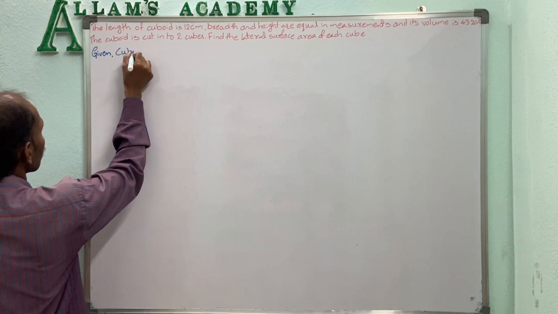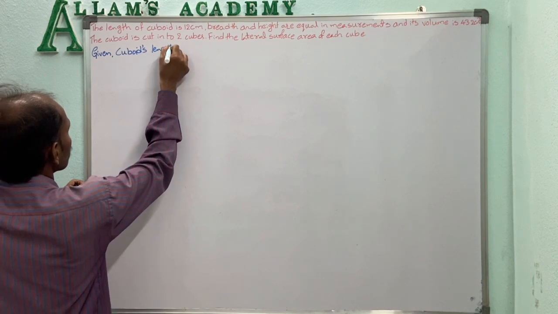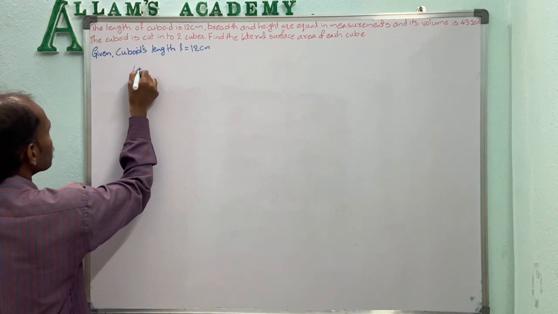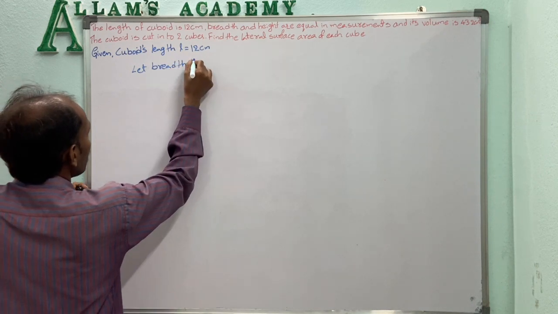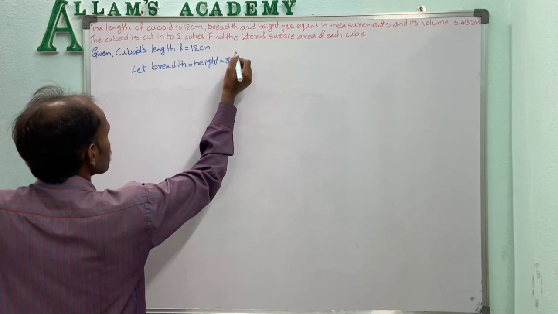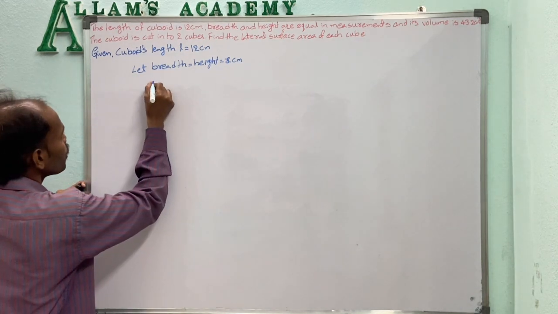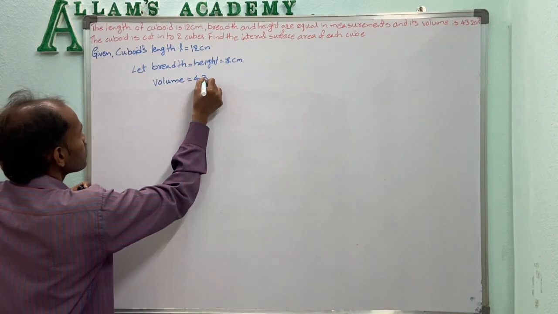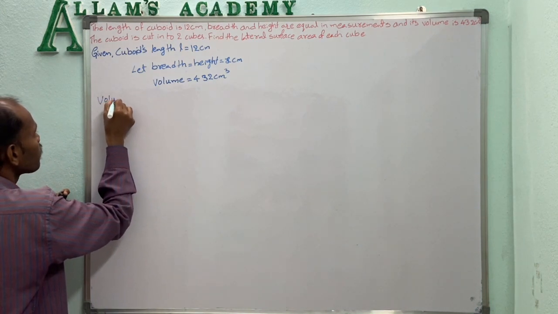So given the cuboid's length L equal to 12 centimeters, let the breadth and height both be equal, say x centimeters, and the volume is given as 432 cubic centimeters. So the volume of the cuboid, L into B into H, is equal to 432.